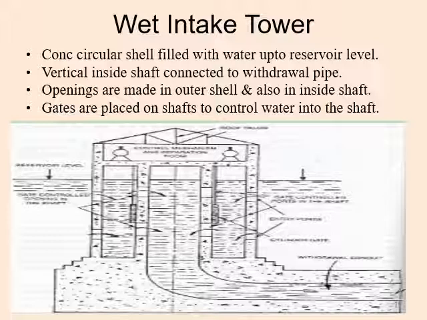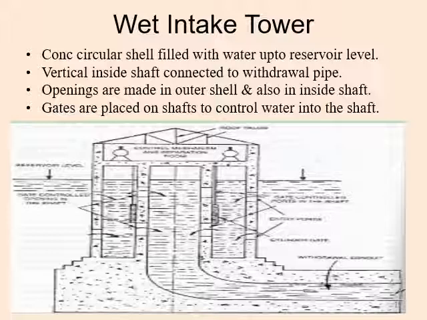So here it is a section diagram. So the shell is fitted. Here the shell is filled with water, first with the entry of the water. Then here also a bar screen is fitted.